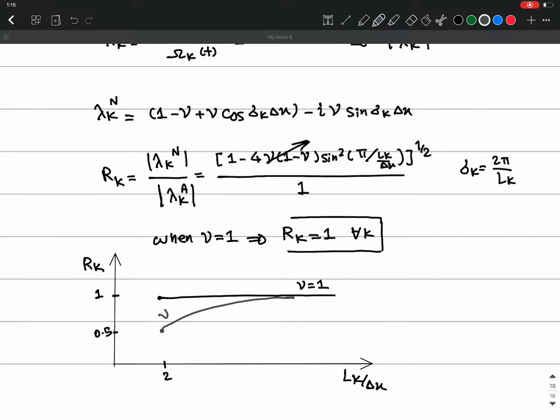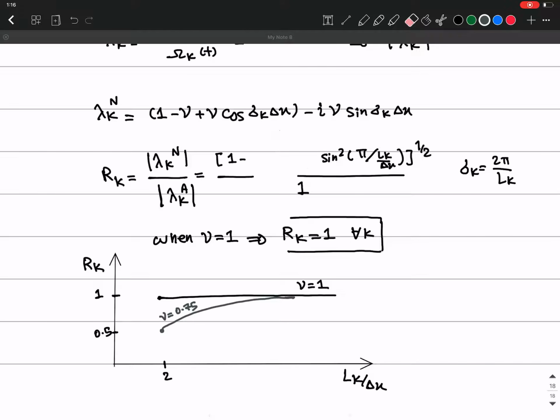So this is nu equal to 0.75. And why is that? Because if Lk over delta x goes to infinity, this means that this sine is going to go to 0.